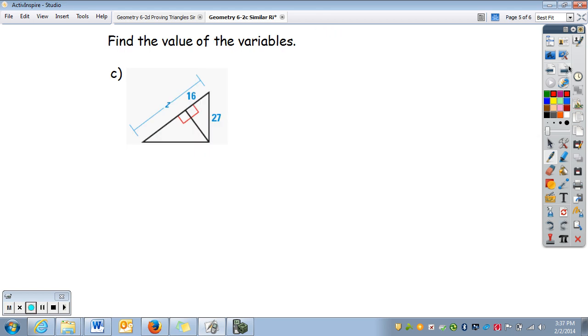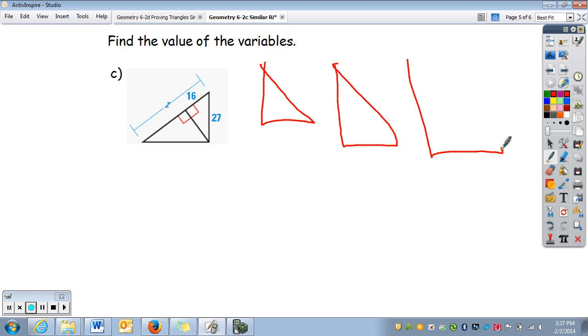Alright, so then let's see our last example. So again, draw out your 3 triangles. If you do not draw out your 3 triangles, you're asking for a big headache. Alright, so we have little, middle, and large. So in the little triangle, which is this one right here, I know the hypotenuse is 27. I know the small leg is 16.